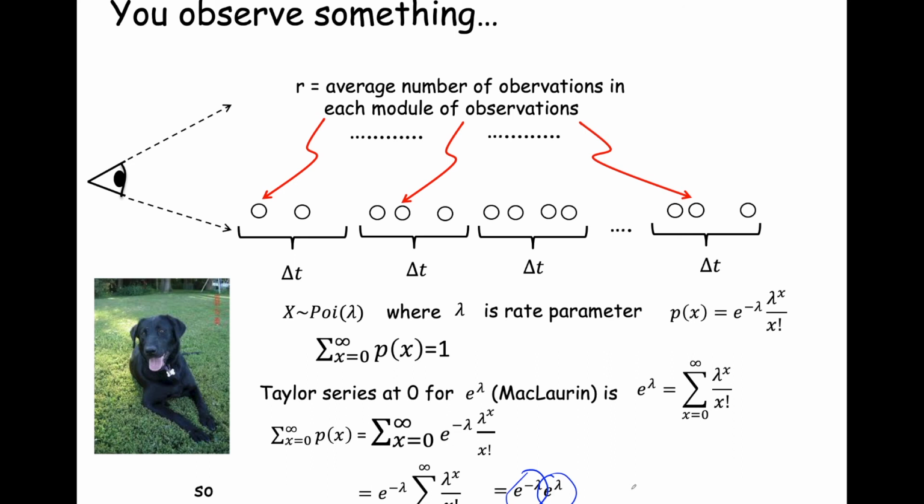Well, that's just equal to 1. And there's our proof. And so we've demonstrated that this probability mass function for the Poisson is a probability because it obeys the law of total probability. The sum of all of the values of the probability for all instantiations of x is equal to 1.